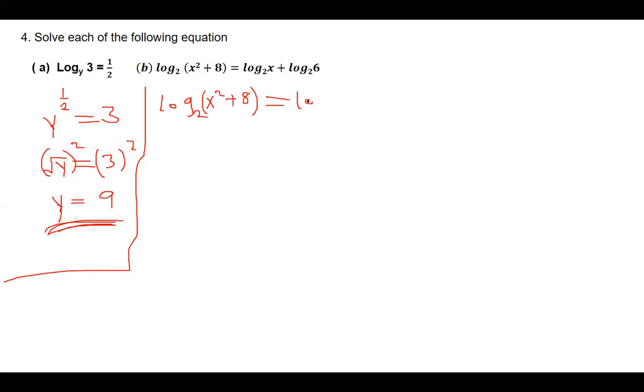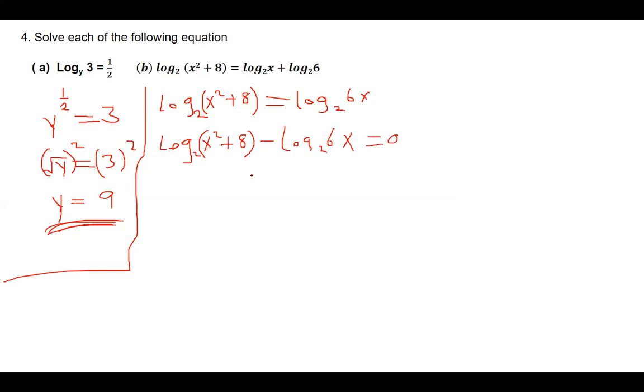So we're going to have log 6x in base 2. When you take this log to the other side of the equal sign, you are going to have log x squared plus 8, then minus log 6x base 2 is equal to 0.